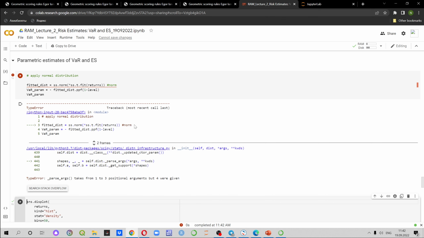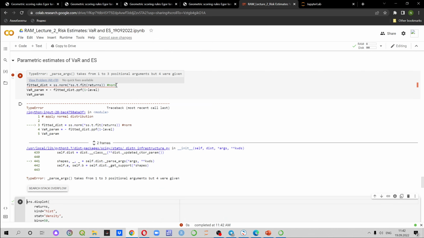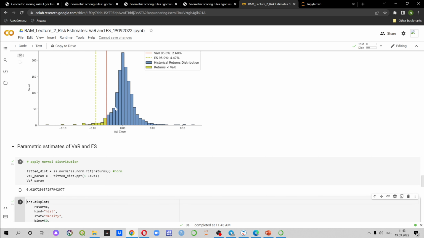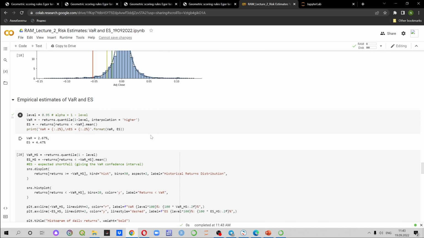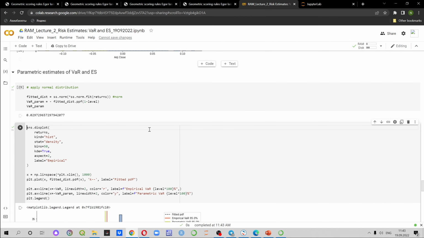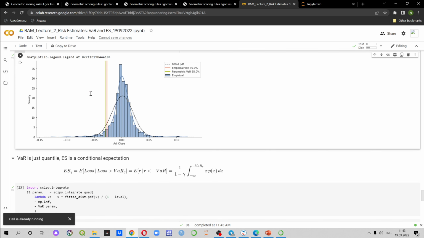And this particularly tells us that, at least at 95% confidence, the t-distribution fits our data pretty well. And that's what we observed using other graphical diagnostic tools for diagnostics of our model.